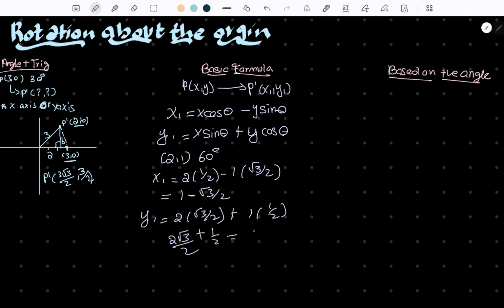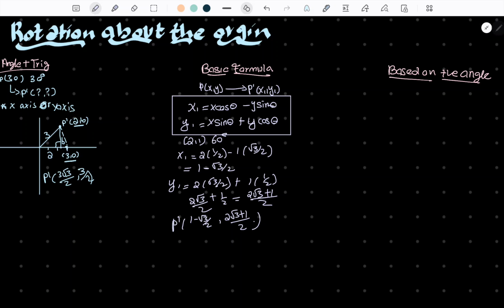And then we're just going to take 2 as a common, so 2 root 3 plus 1 over 2. And then that's just going to be our answer. So P prime will be 1 minus root 3 over 2, comma, 2 root 3 plus 1 over 2.